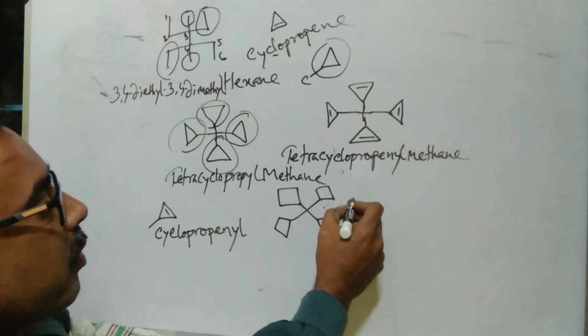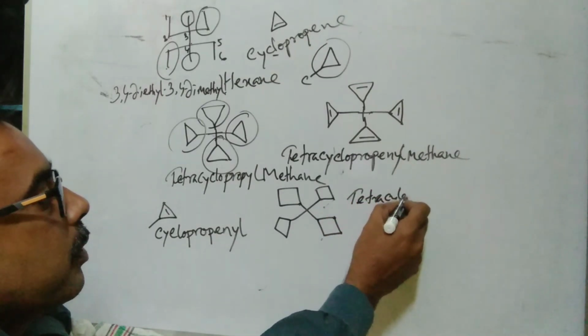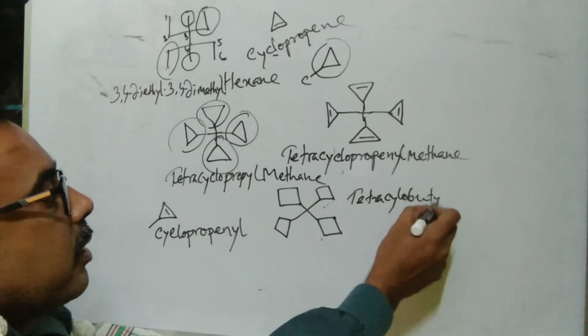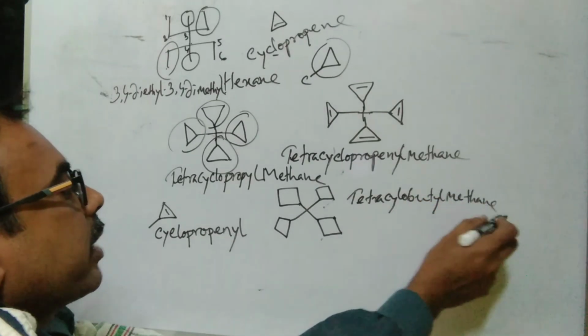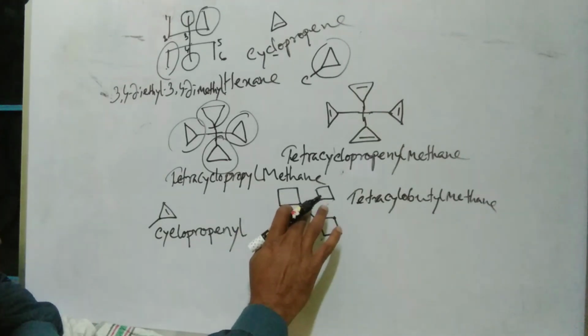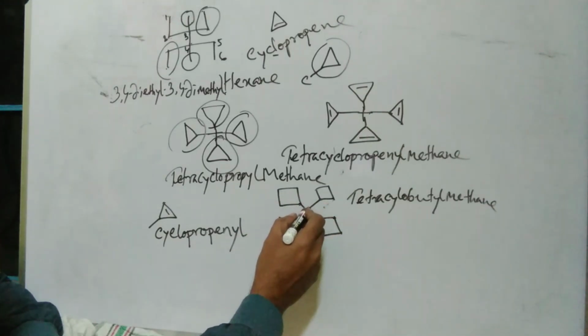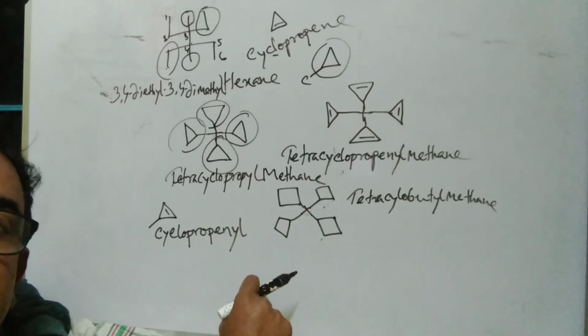So the name of this compound is tetracyclobutyl methane, since only one carbon atom is there here. So 4 hydrogen atoms of the methane are replaced by 4 cyclobutyl groups.